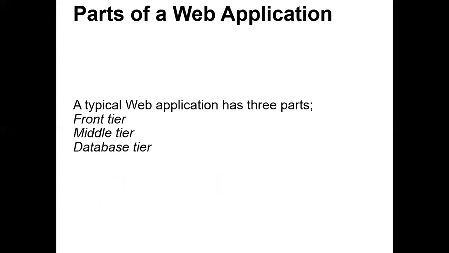Now, we also are supposed to be mindful of the kind of layout or the parts that we are going to find as we work with our applications. If we are talking about our web application, typically you find it in three parts: the front tier, the middle tier, and the database tier. That means you have a back end, you have a front end, you have a middle part, a connecting part.